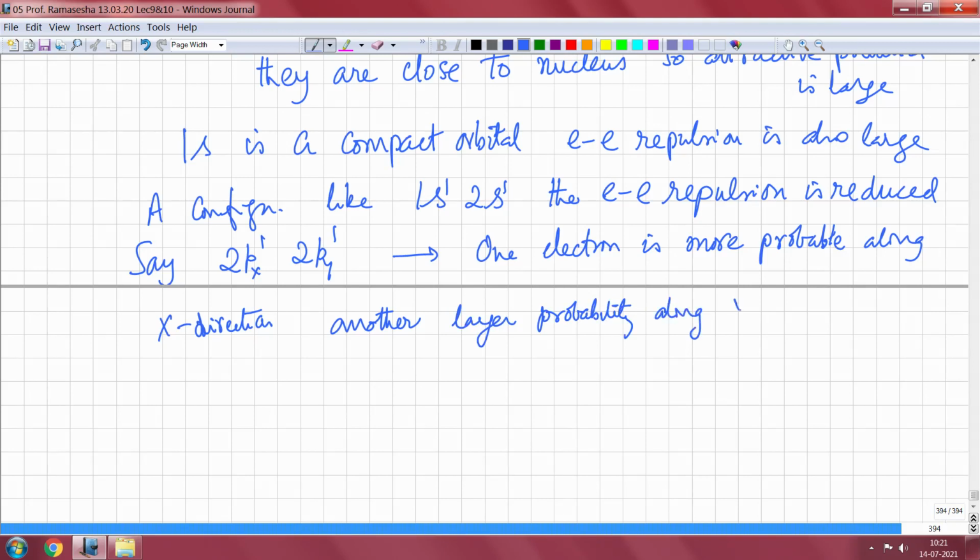Because of this, you will see that there is an angular correlation, that is, they are not in the same region in space even if they are on the same spherical surface. One of them is more oriented towards the x axis, the other more oriented towards the y axis, so they repel each other much less.